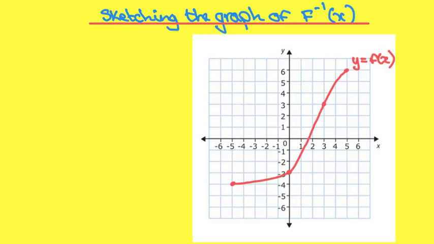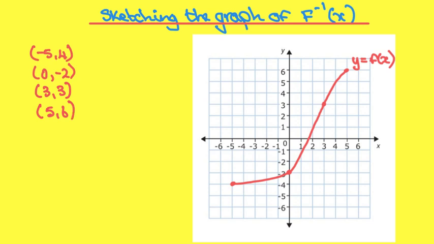When sketching the graph of the inverse, all we do is flip over the domain and the range. So here we have 4 points. The first one being minus 5, minus 4. The second point being 0, minus 2. The third point being 3, 3. And the final point being 5, 6.